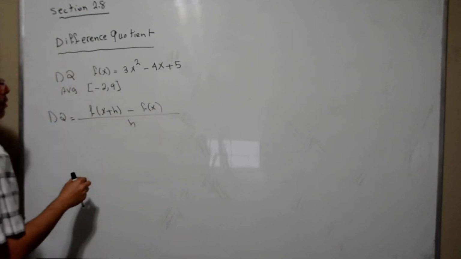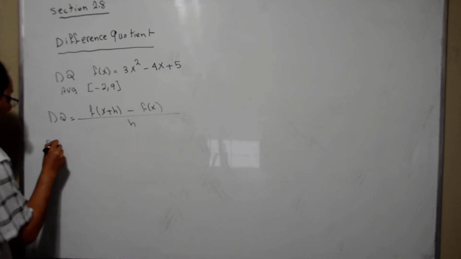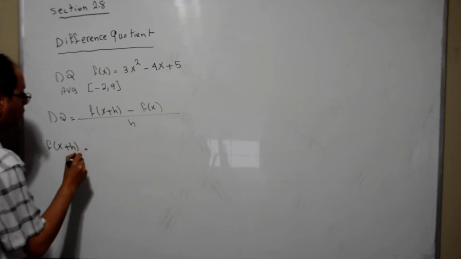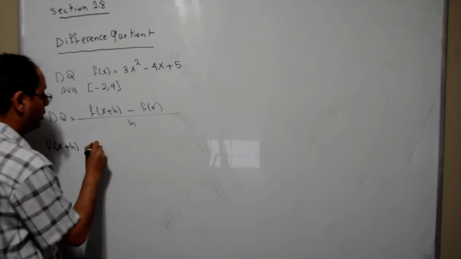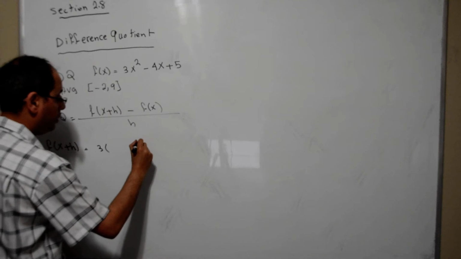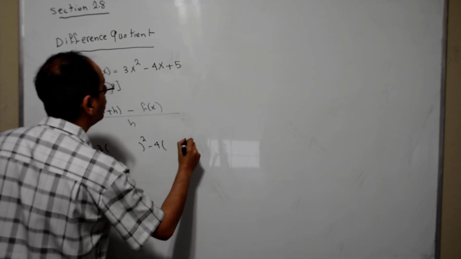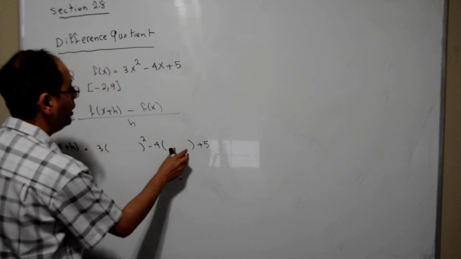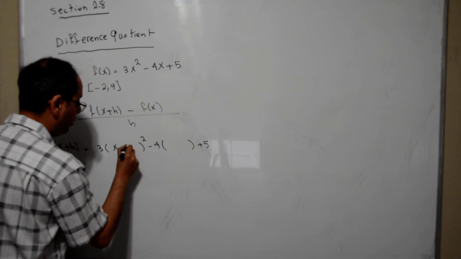Now let's compute f of x plus h and f of x. So f of x plus h equals, the easiest way to do that is make it a pattern: 3 times parentheses squared, minus 4 times parentheses, plus 5. So every x I made a parentheses and plug x plus h.